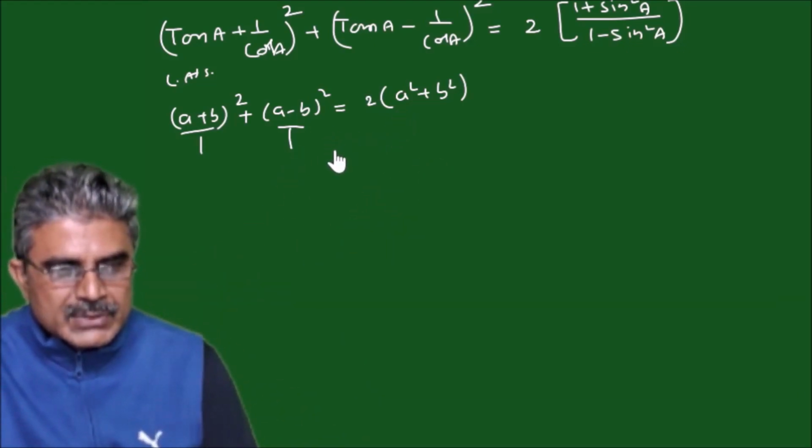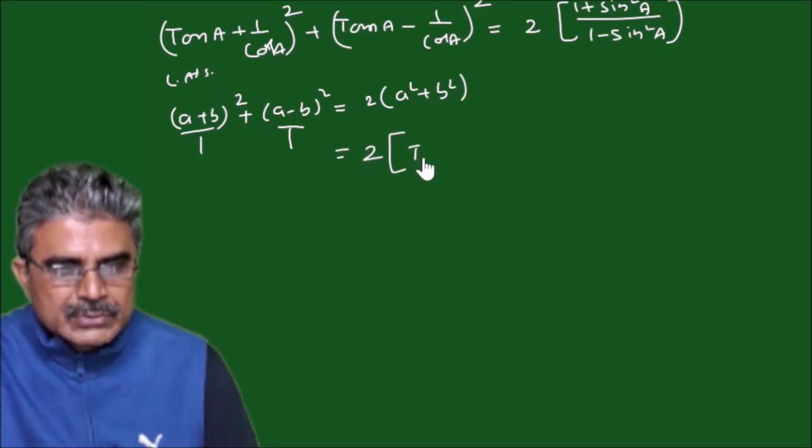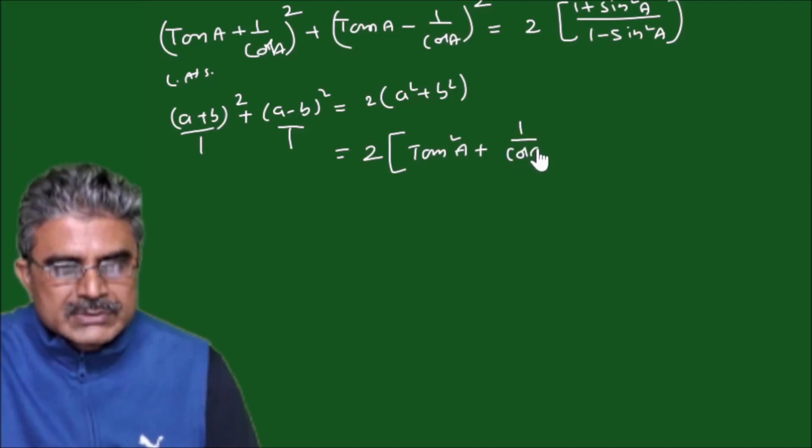So here, if you substitute according to this formula, 2 into A, here it is tan A, so it is tan square A plus, and here it is 1 by cos A whole square.